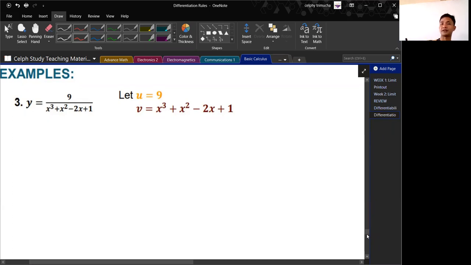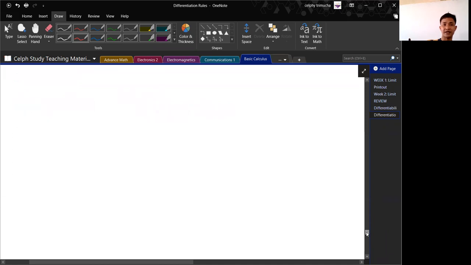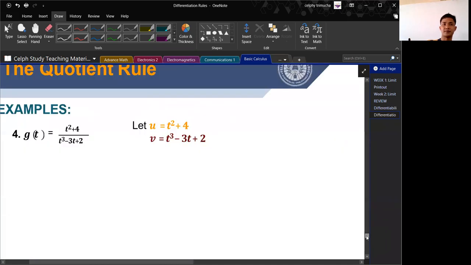So, amo gining kinahanglan natin practice ang quotient kay medyo komplikado siya. And then another problem is this one. T squared plus 4 over t cubed minus 3t plus 2. Okay, so sa makasend ka rin sang answer sa akon, so it will be additional point lang for the quiz.